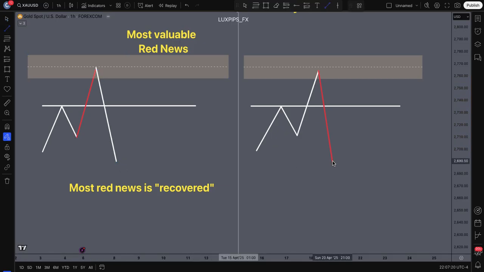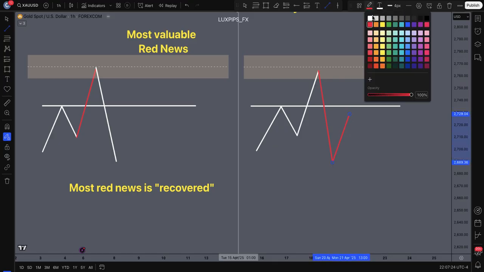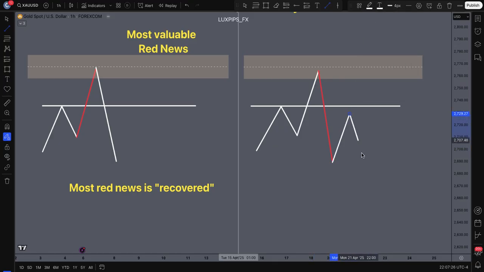Just like in this scenario, most of the time it's going to come back up. Used as a liquidity void or FEG to continue. In this scenario, most of the time it's going to come crashing right through it. So this is the best way to look at red news.